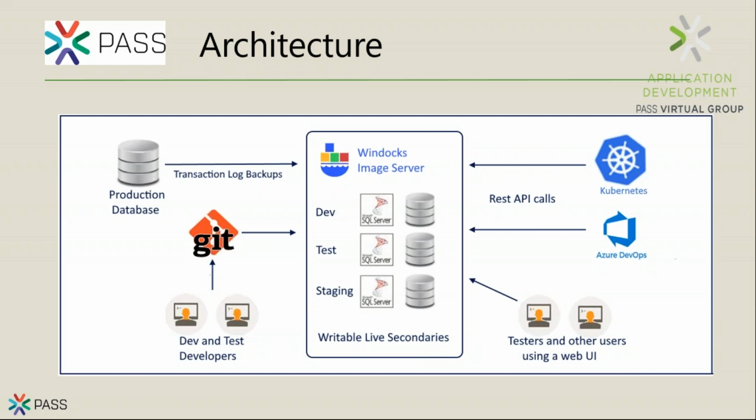You're going to have a workflow that integrates the use of Git or other source control systems. And your environments are going to be served up either from a web UI that developers and testers can use in an ad hoc way, or you can orchestrate the delivery of a multi-stage pipeline using Azure DevOps, Jenkins, and other CI servers, because the whole thing can be orchestrated with RESTful API calls.